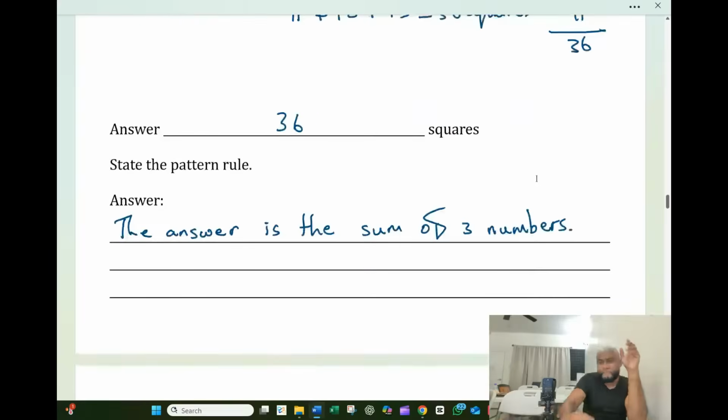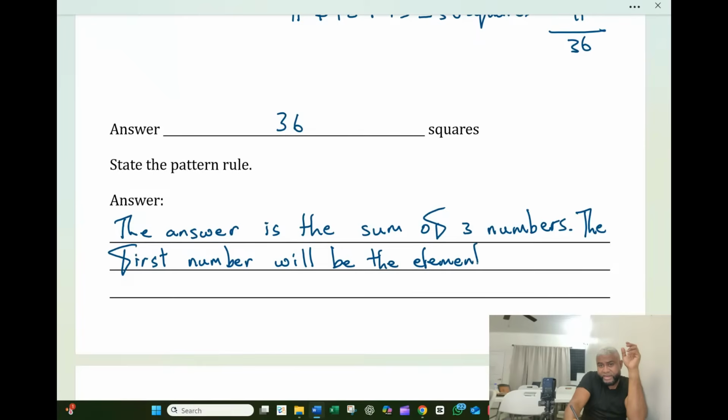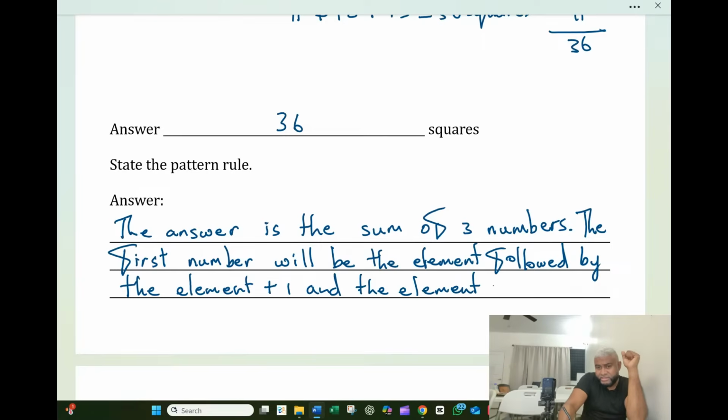So the first number will be the element, followed by the element plus 1 and the element plus 2.